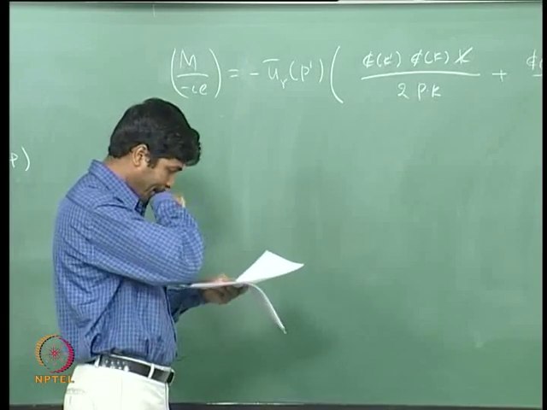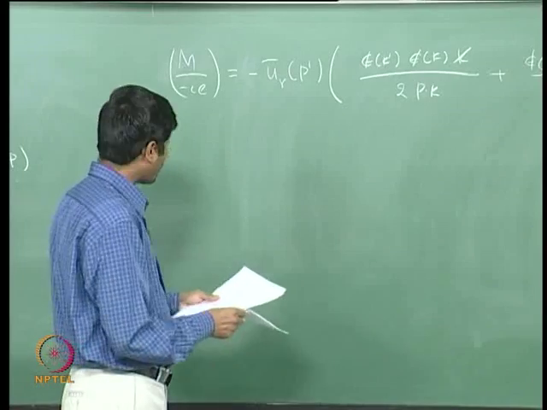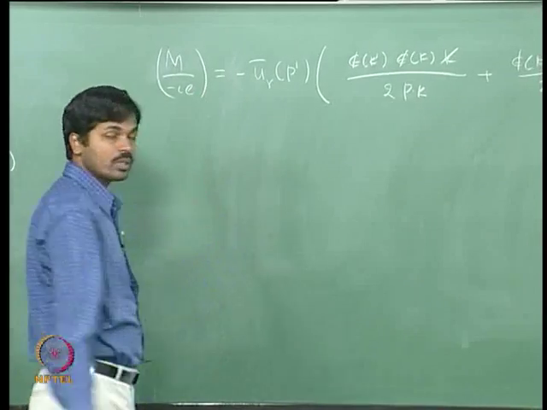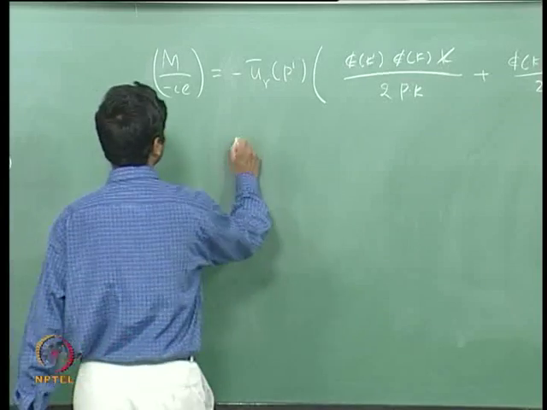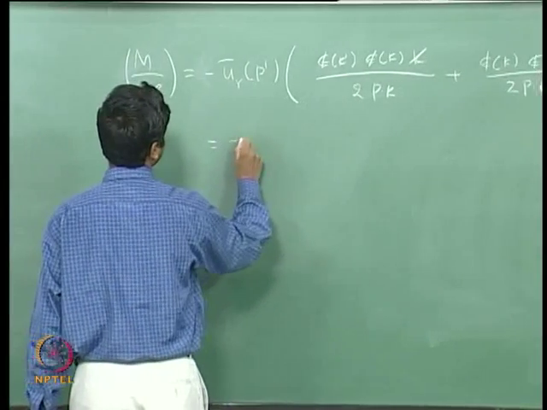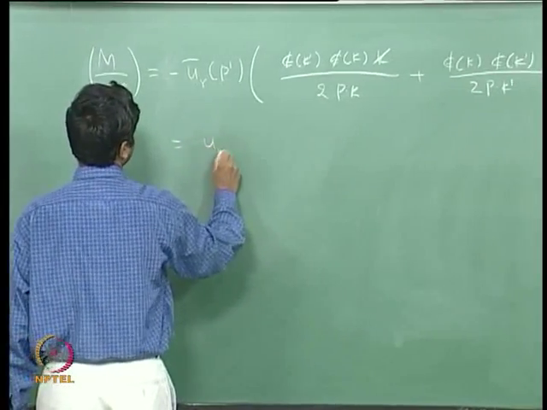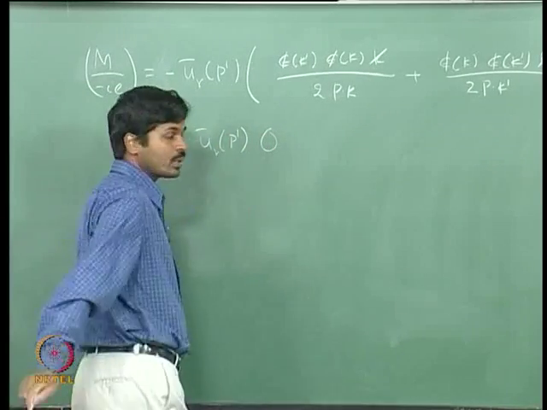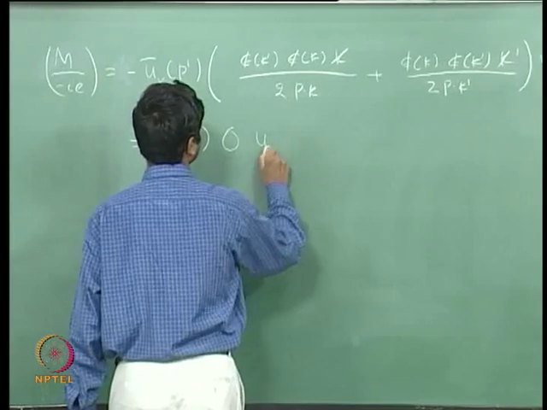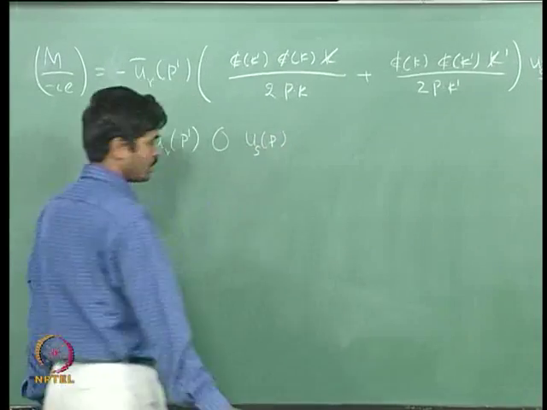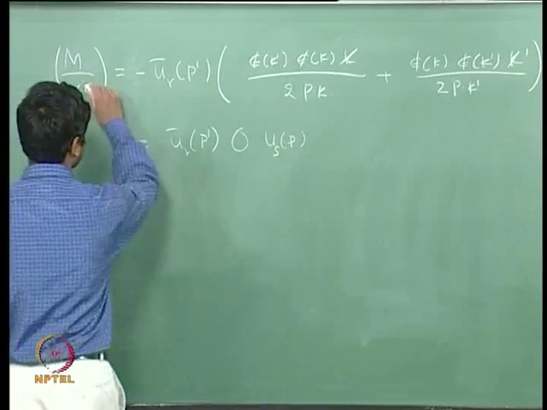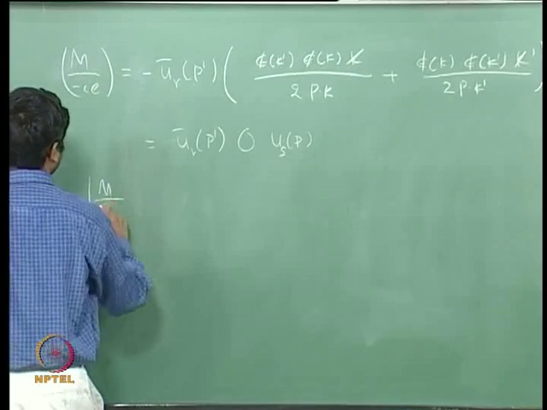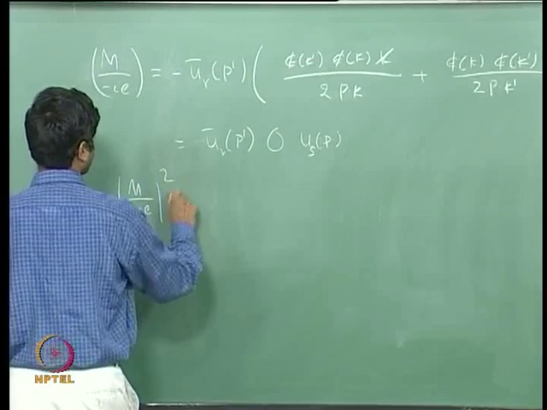So what we need to do is compute the mod square of this thing. So this is of this form, some u_r bar p prime, some operator O, u_s(p). All we need to find is M over minus i mod square.